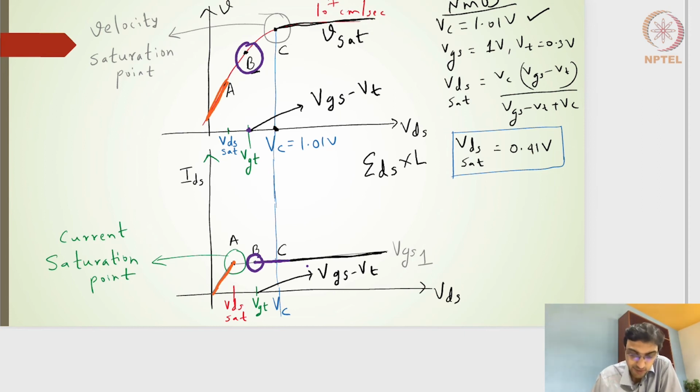So we are left with the region between A to B. Let me consider another color.